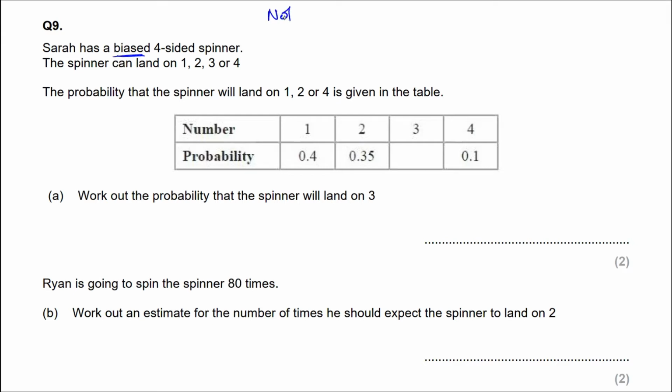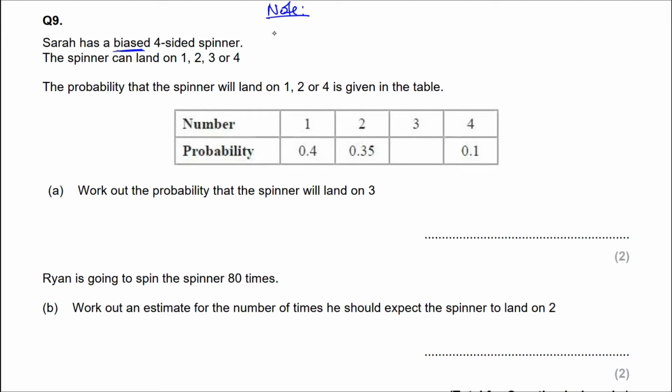Now the first thing is that a biased spinner is basically where some numbers are more likely to be rolled than others.